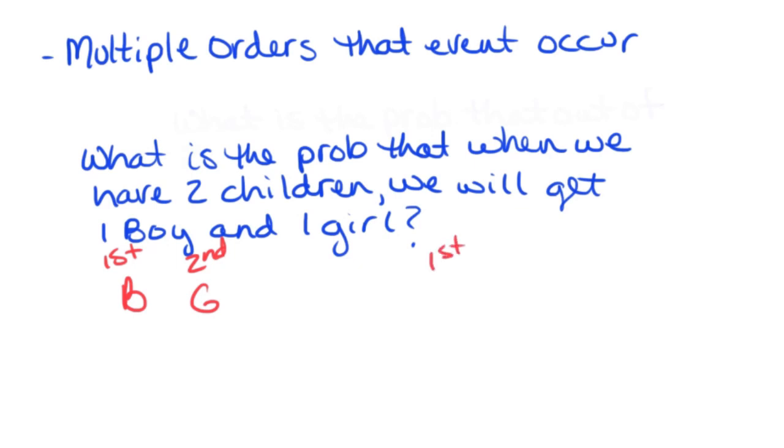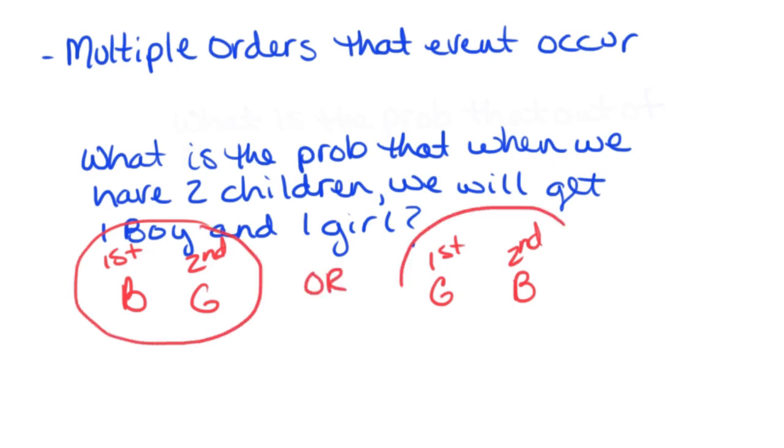We could have the girl first, and we could have the boy second. And it's not going to happen both ways because we're only having one child. So that's what we're talking about when we talk about mutually exclusive events. So it's the first order, or it's going to be the second order if this is going to happen and we're going to get one boy and one girl.